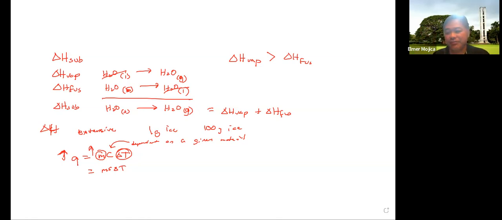Kapag evaporation, heat of vaporization. Yung value niya is joules per mole, so we just multiply it with the amount of heat na i-convert natin sa moles. Okay? So kapag walang phase change, ito yung magde-determine ng heat. Kapag merong phase change, kailangan mo i-take ito into consideration.